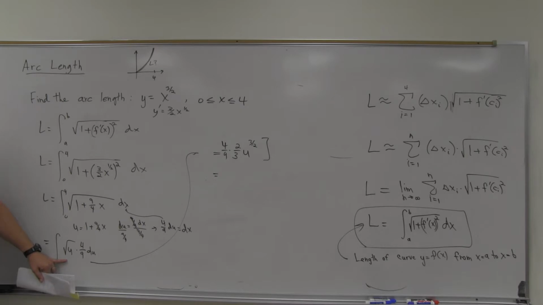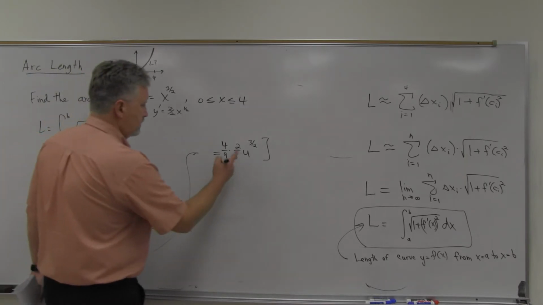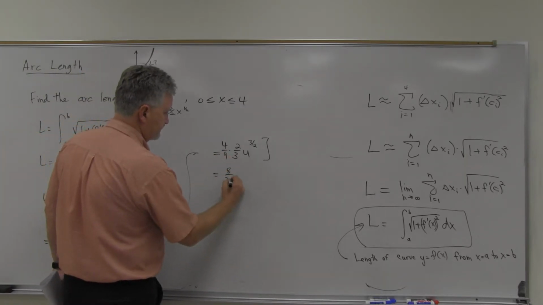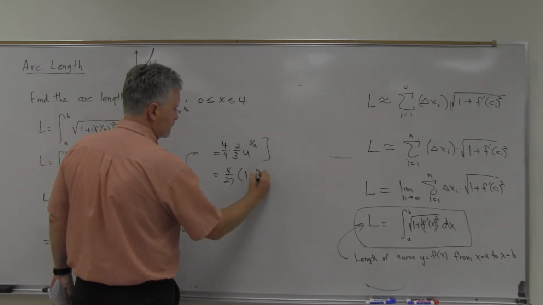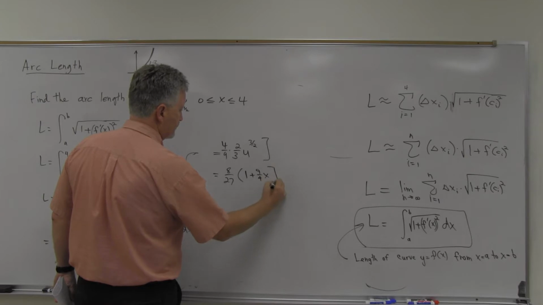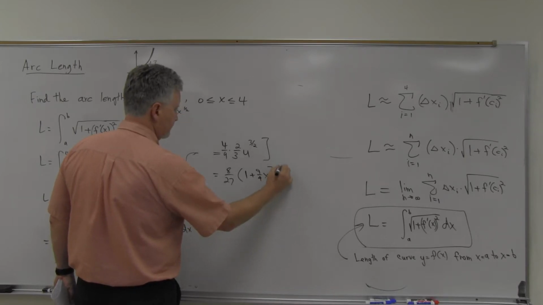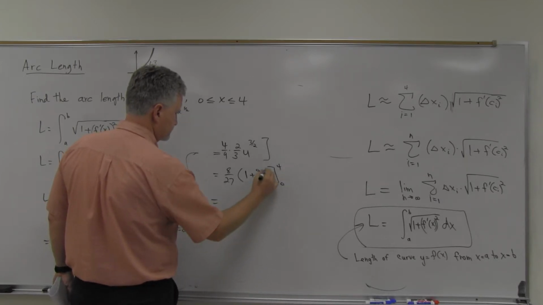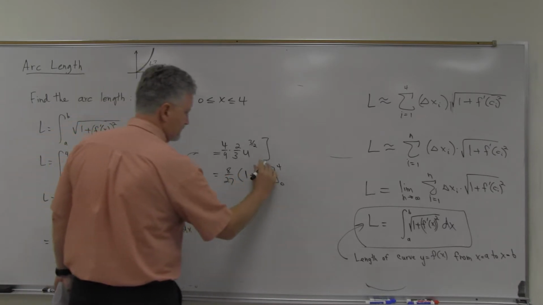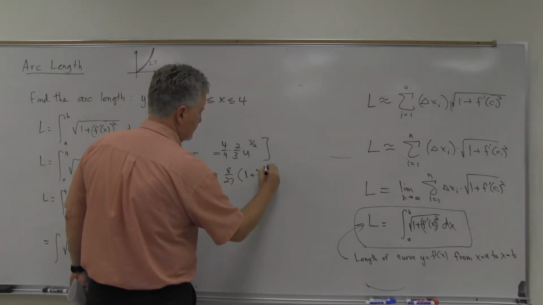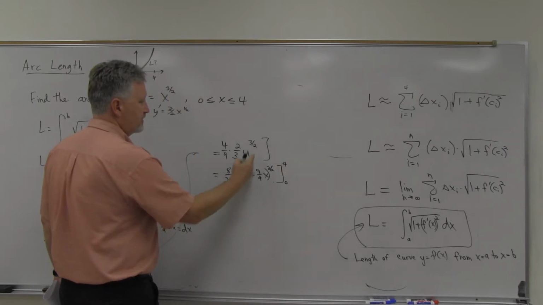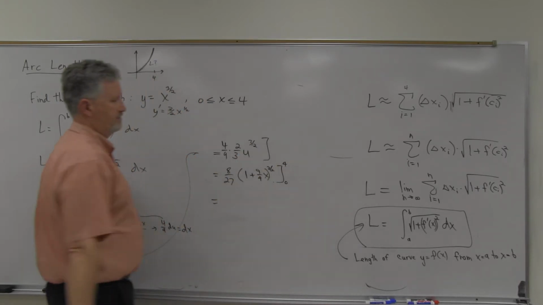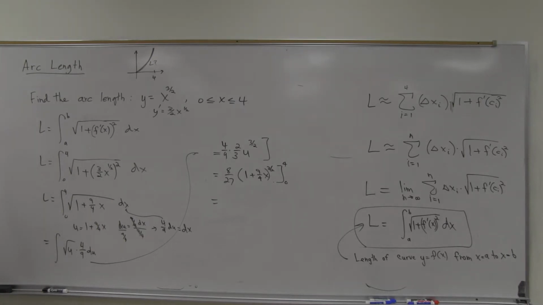Yes? It's just 8/27 u, but u is 1 plus 9/4 x, and we're going from 0 to 4. u to the 3 halves, I should say. It's an easy thing to do. Get that power. But it's u to the 3 halves, so it's 1 plus 9/4 x to the 3 halves.